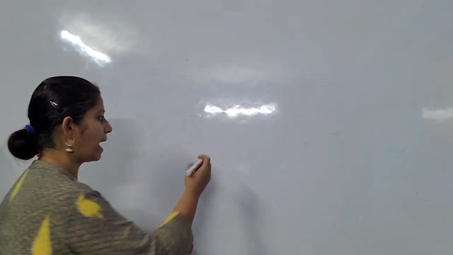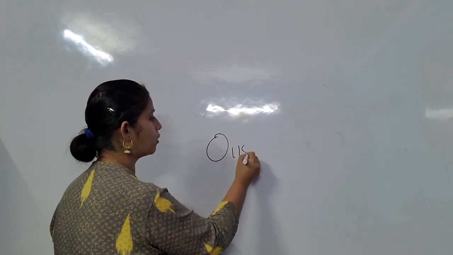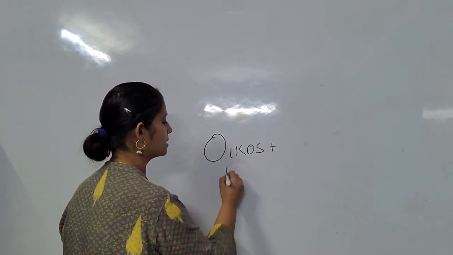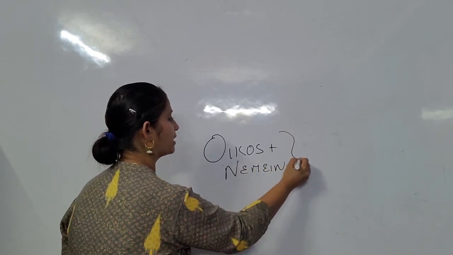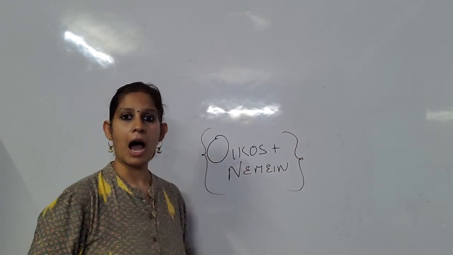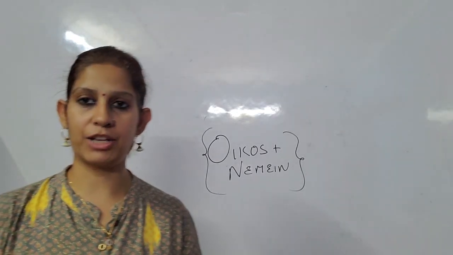The first term which we should be thorough with is: what is economics? Economics is the combination of two words derived from two Greek words, oikos plus nemen, which means household plus management.